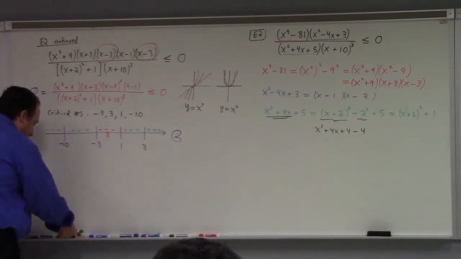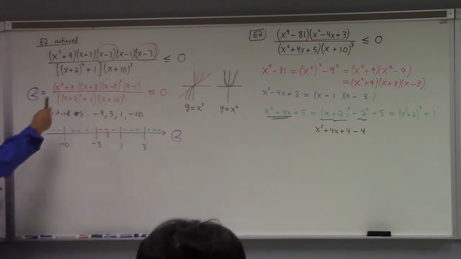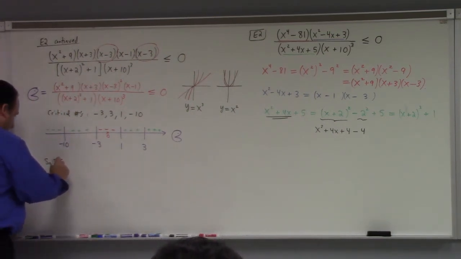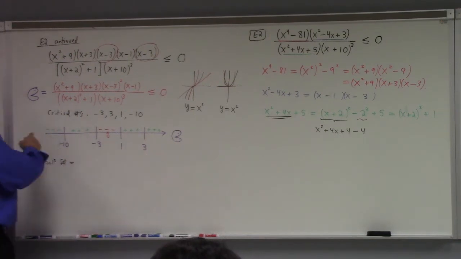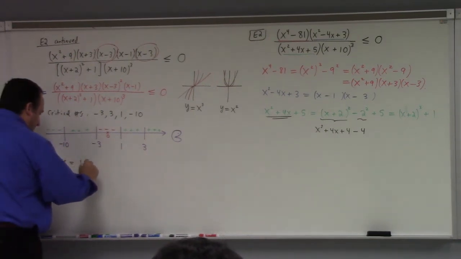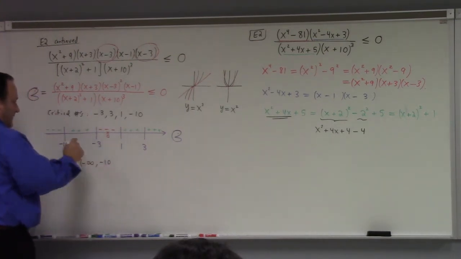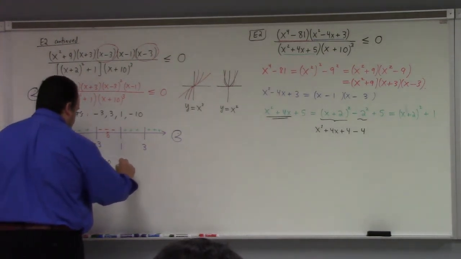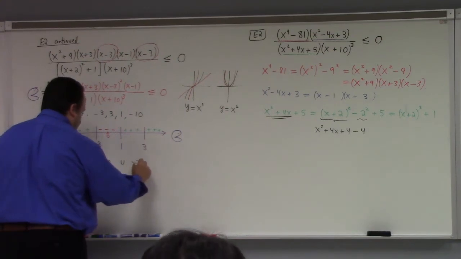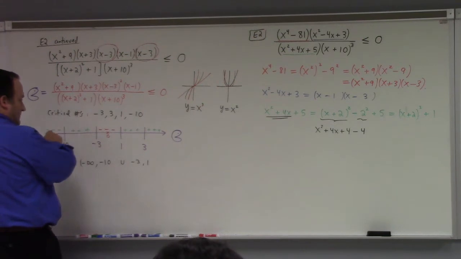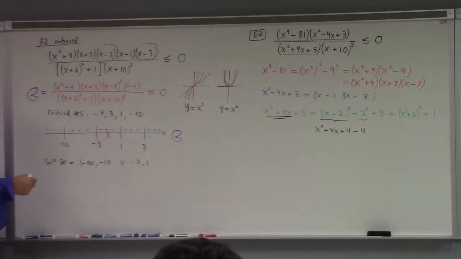Anyway, all right, so we're looking for less than or equal to 0. So what's the solution? So we got minus infinity to minus 10, all right? And then where else? We've got unioned with minus 3 to 1. And is there any other minuses? Nope, pluses everywhere else.